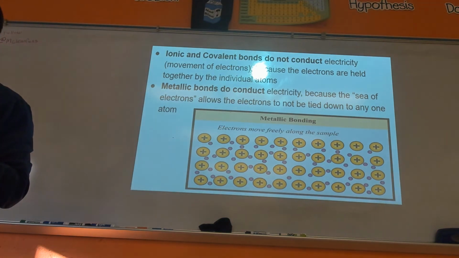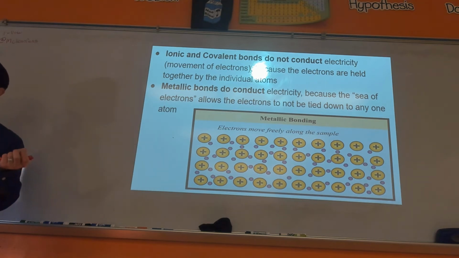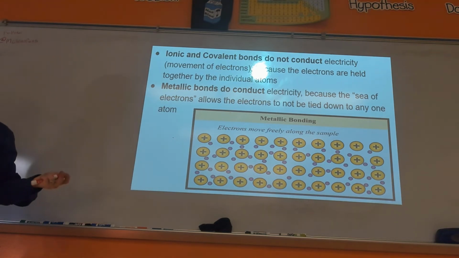That should make sense to you. That's what you're going to explore in this lab: if I give you an ionic compound, it should not conduct electricity. But metals conduct electricity. That's how wires work, right? That should make intuitive sense to you.